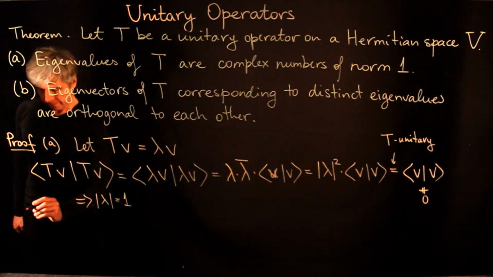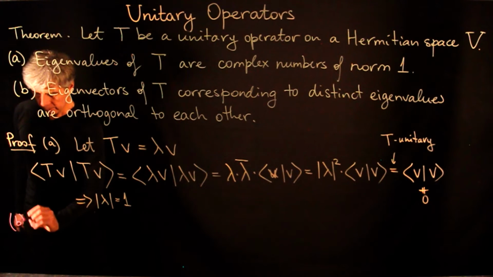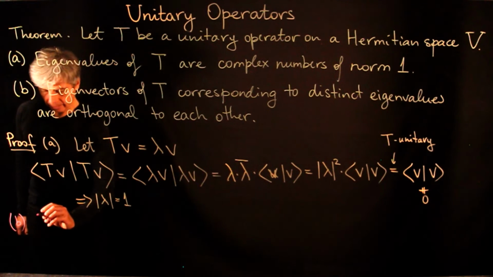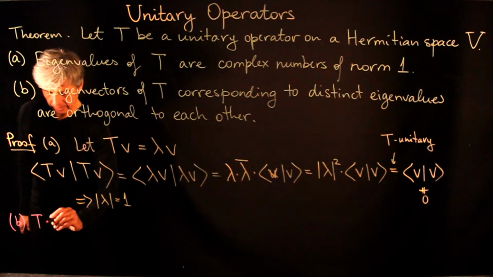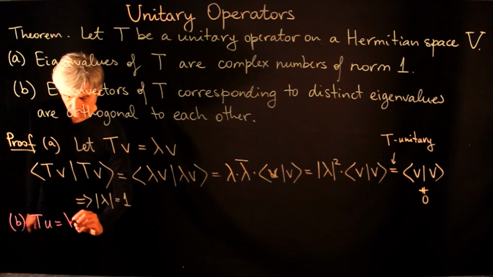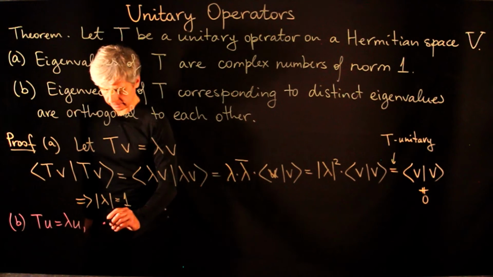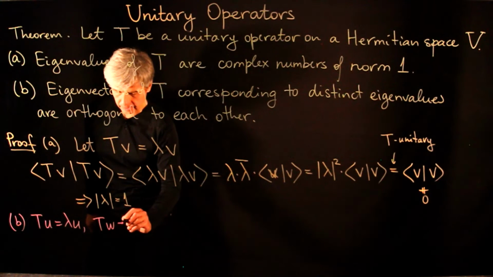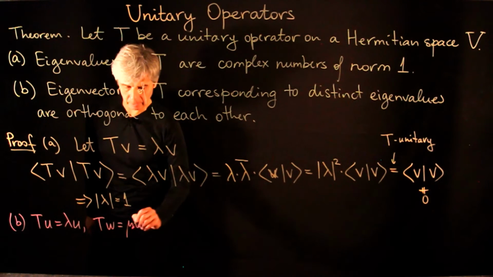For part B, we take two eigenvectors. So we have Tu equal to lambda u, and Tw equal to mu times w.